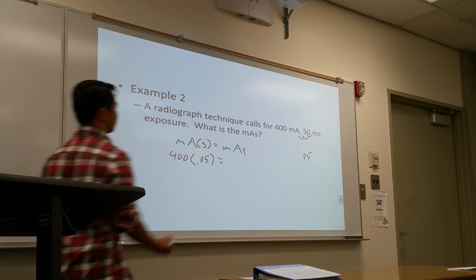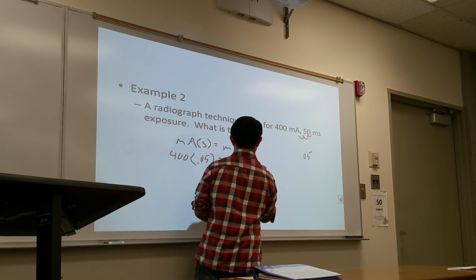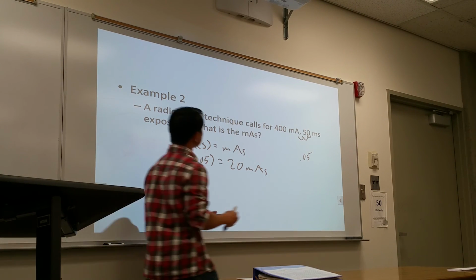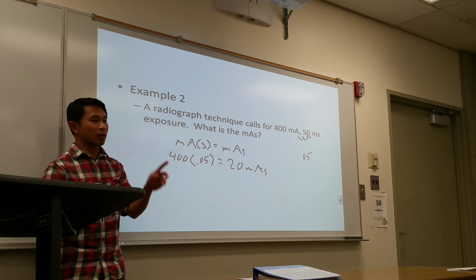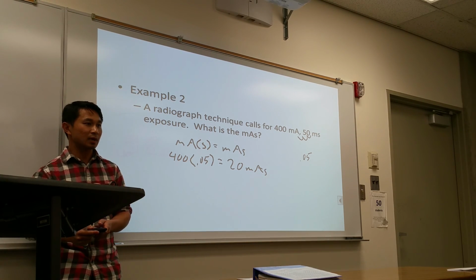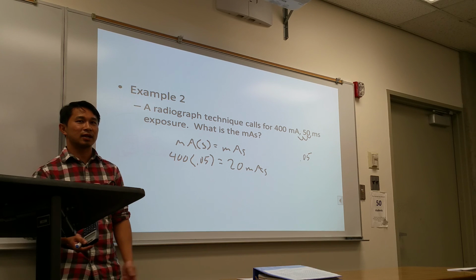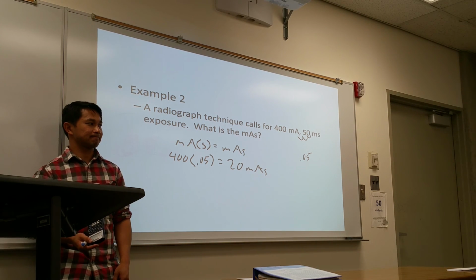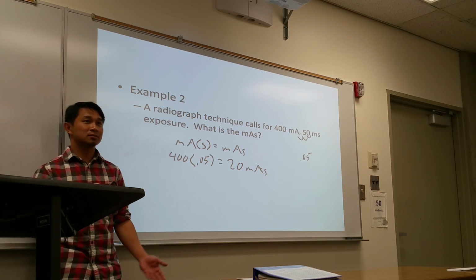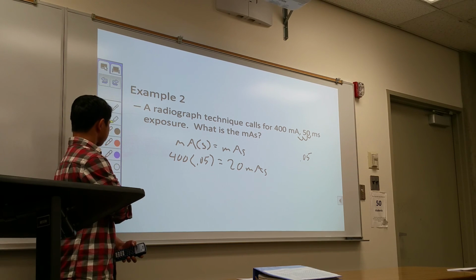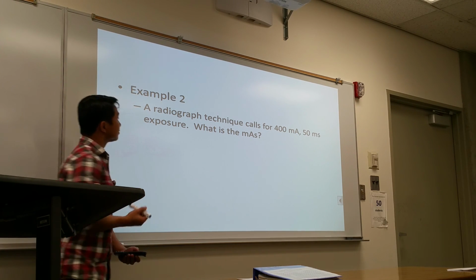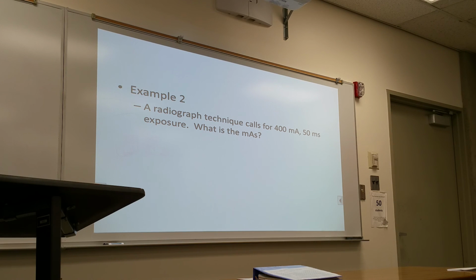That gives you 20 mAs. So on your control console, it'll be 20 mAs, whatever kV selection you have. Any questions?